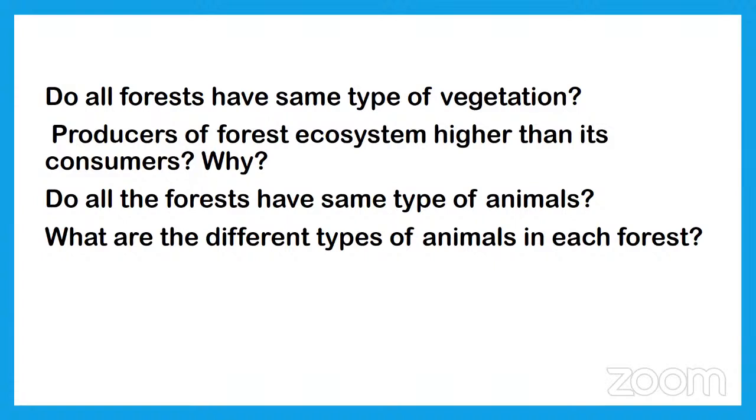Is it true or not, children? Do all the forests have the same type of animals? No. Based on the climatic conditions, the soil variety, the water capacity and the temperature present there, the type of animals is also different there. What are the different types of animals in each forest?